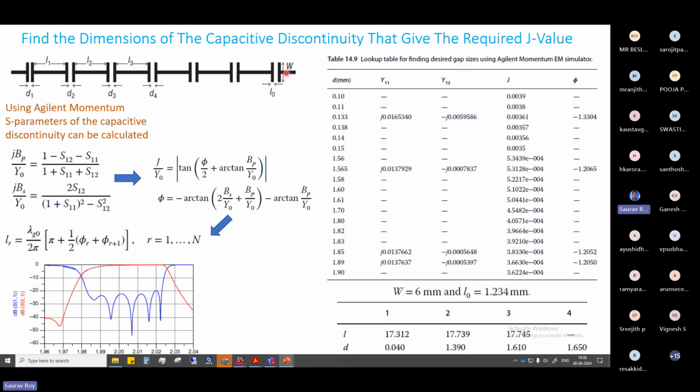In some cases there is no rule. You have to fix it according to your convenience. If you are okay with 6 millimeter and 1.23, if your fabrication permits it, or, let's say you have to design a PCB, you might have to consider other things also. If you have 6 millimeter of space given for you, you can take it. That's all. There is no rule.